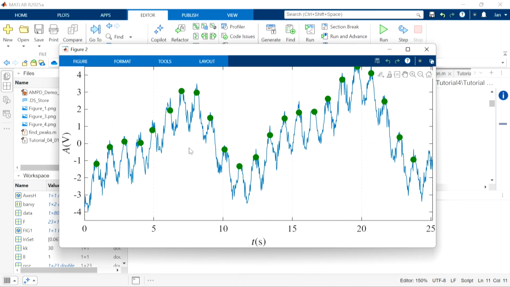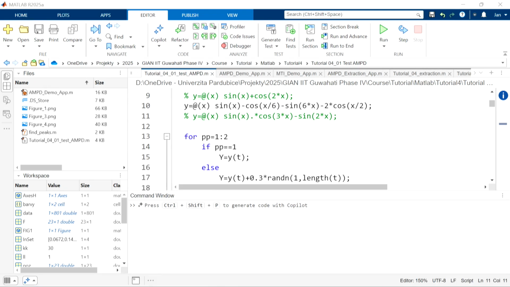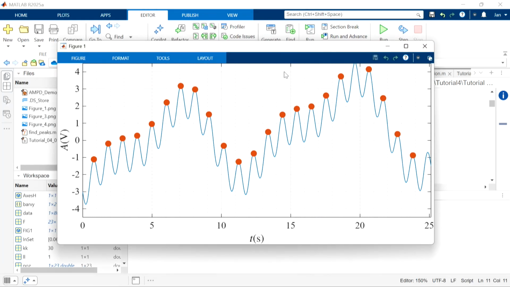This is relatively good localization of maxima, everything for this 30. And of course, without noise, it will again be perfect.